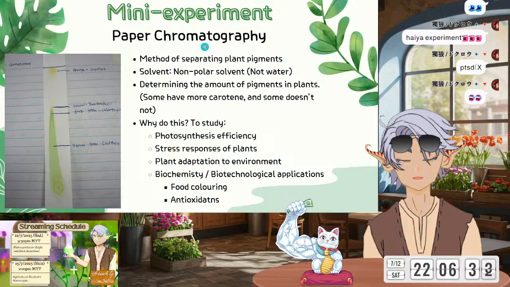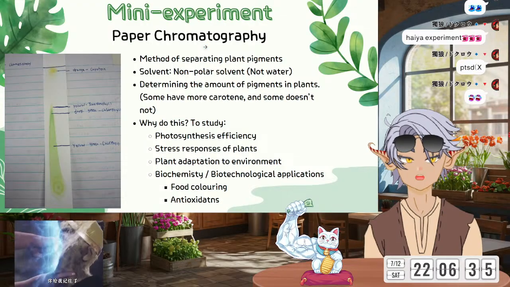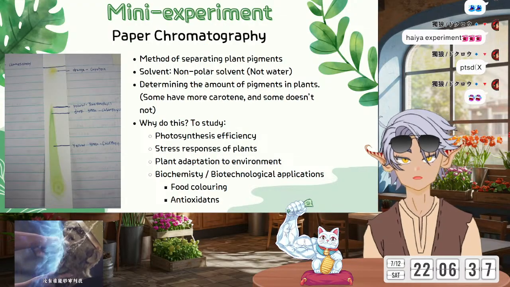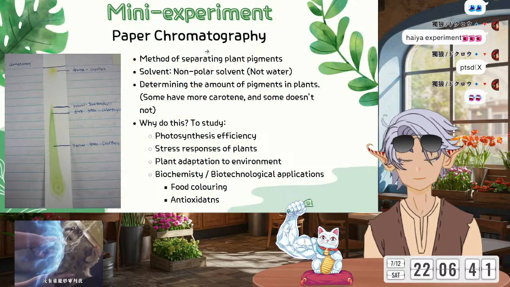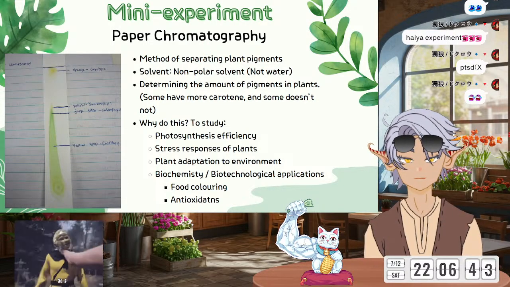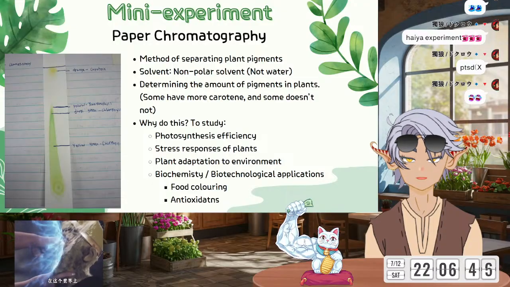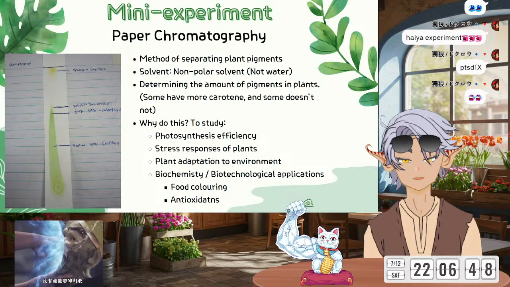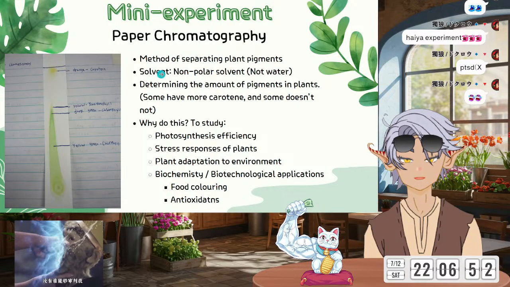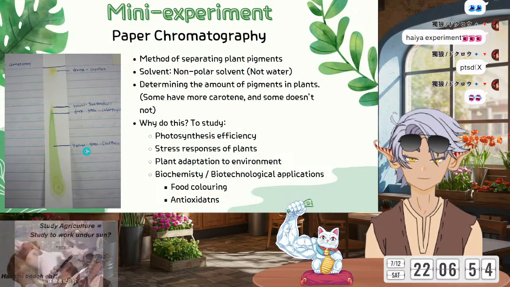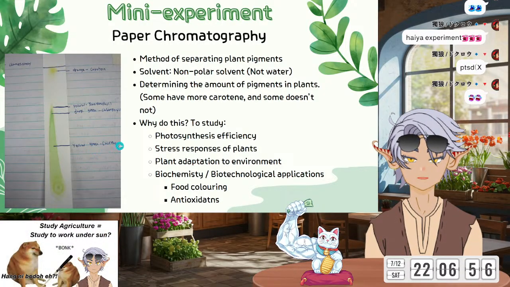The second one is to study the stress response. When a plant receives a stimulus, it responds by making some chemical changes in the plant itself. Some of them may change, like, I need to produce more chlorophyll B.